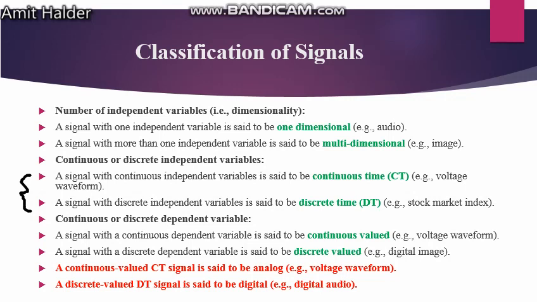There is an example of discrete time signal, the stock market index. If it is a chart, you say in that period of time that is a rising phase. In that period of time it trends down, but in some period of time it remains idle. What happens in the stock market?